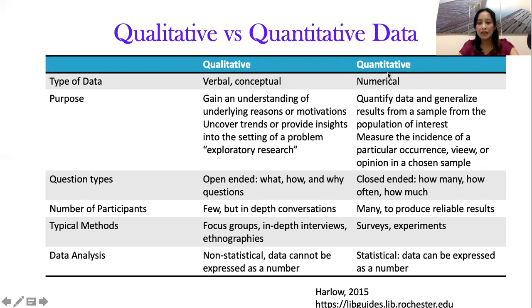While in quantitative, because of the name itself, it's numerical. You can count the data. Okay, so let's say in a survey, 10 out of 20 people agreed that A is good for B. Example. The purpose, if it's a qualitative research, is to gain an understanding of underlying reasons or motivations.